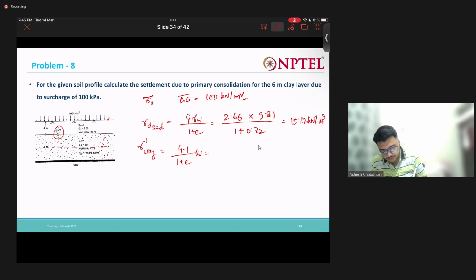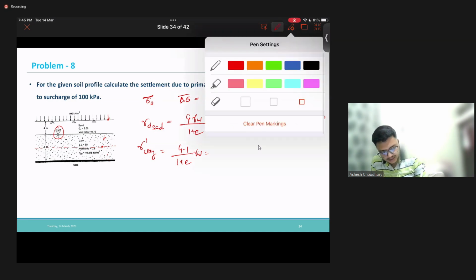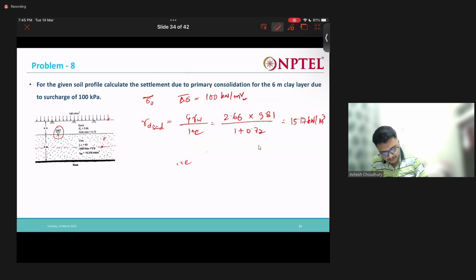Oh, sorry, we don't have to use this one actually. Our saturated unit weight is given to us. So gamma submerged for clay is nothing but 19.376 minus 9.81, that is 9.566.